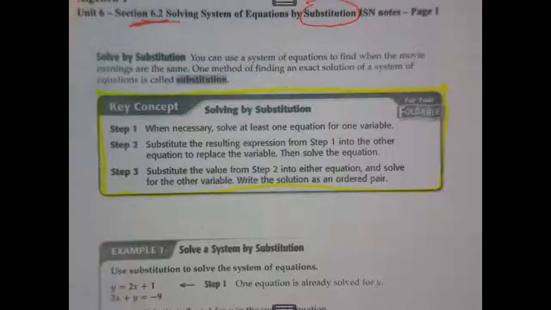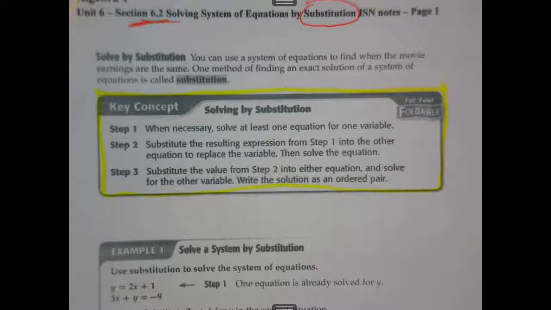Step 2, substitute the resulting expression from step 1. When you get the variable by itself, whatever that's equal to, you're going to substitute it into the other equation. Okay? And then you just evaluate it.